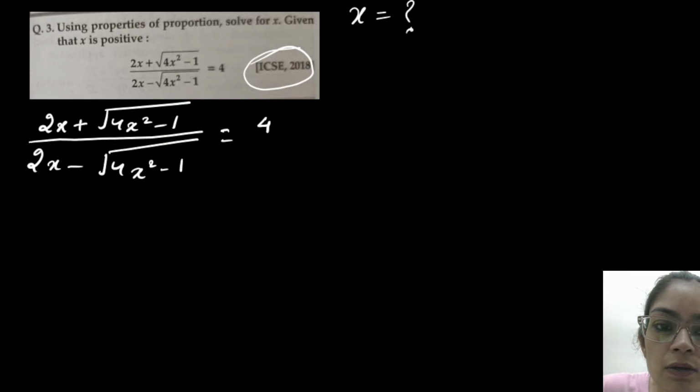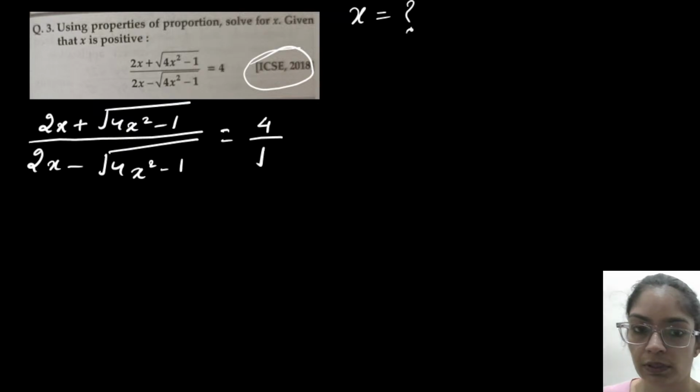So let me write what is given to us. It's given to us (2x plus root 4x square minus 1) by (2x minus root 4x square minus 1) is equal to 4. 4 we can write as 4 by 1. So using properties of proportion, we have learnt five properties, and we know this.